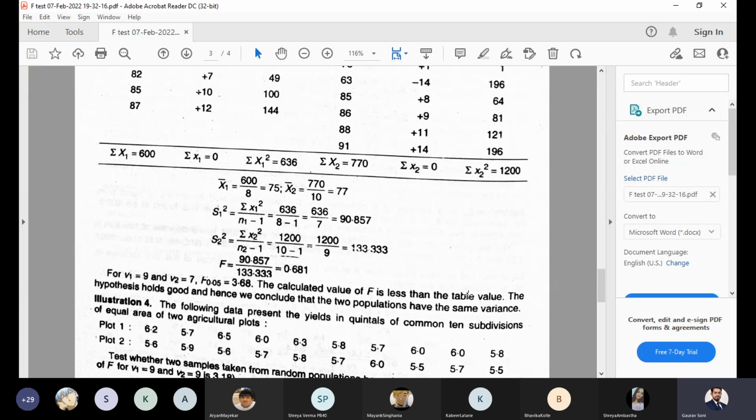That's what we mean to say here. In this particular sample F test, if you are accepting the hypothesis, it means that the variance has no significant difference, right? The variance is almost similar for both the samples. Fine.